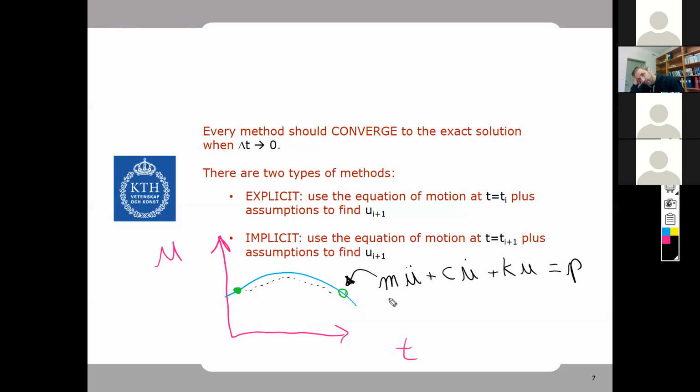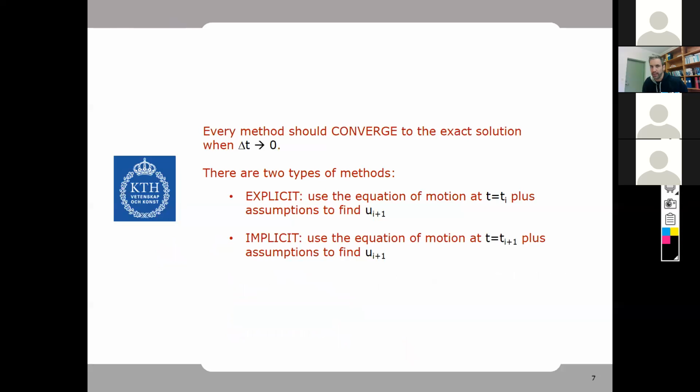Why do we have these two different methods? Why would we want a method that does not guarantee these? What are the advantages of an explicit method? Well, to put it shortly, an explicit method is much easier because we only use facts that we already know.